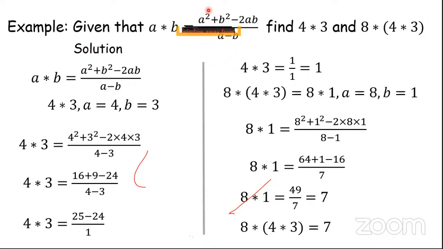So when we substitute for a, we are going to substitute in this for this. This is our a, this is our b. So we get 4.